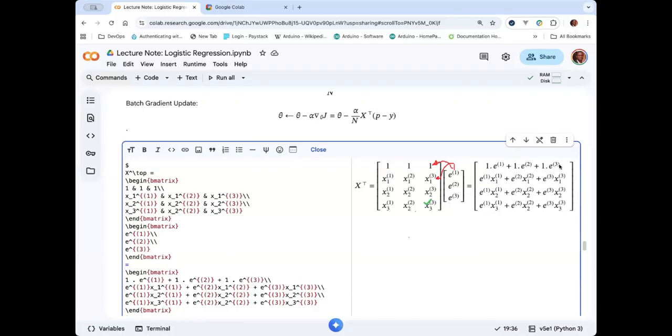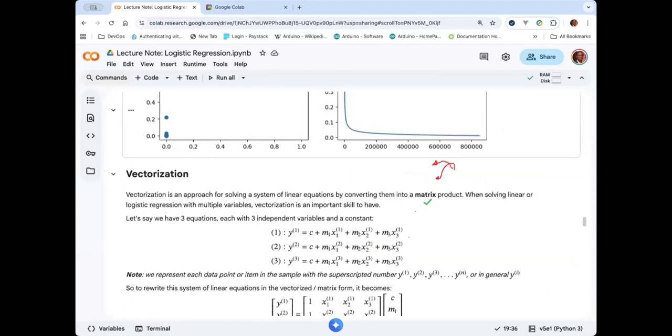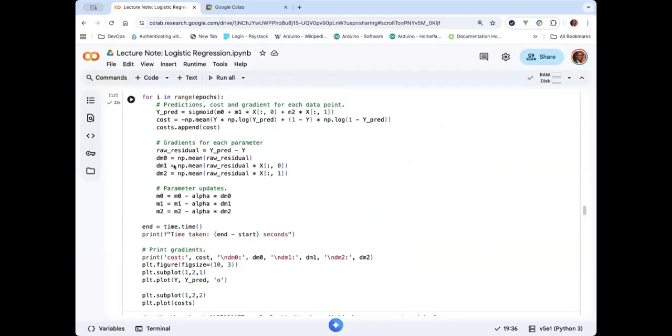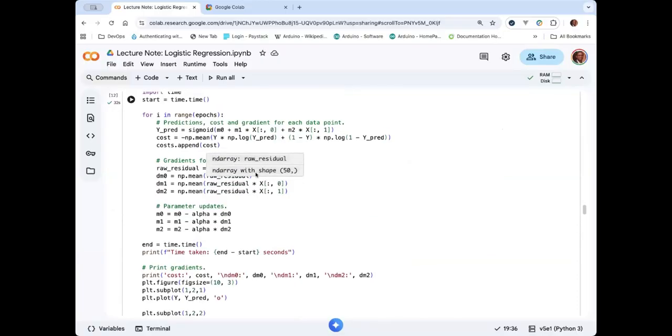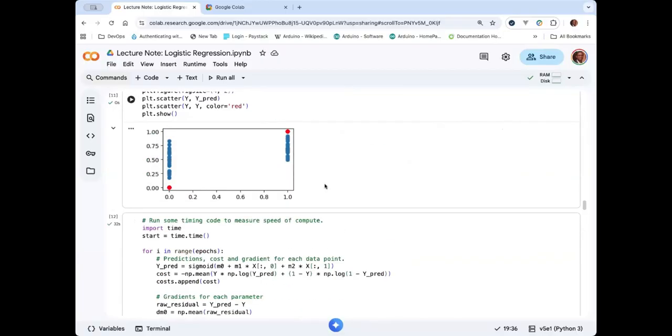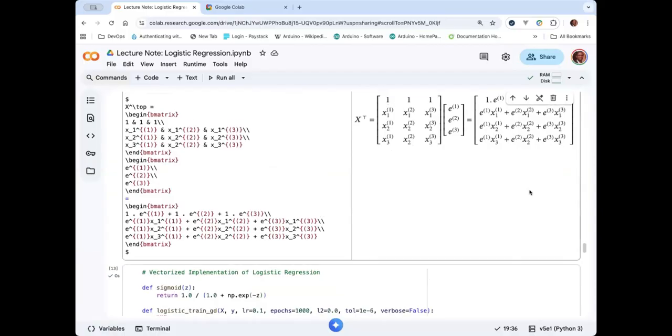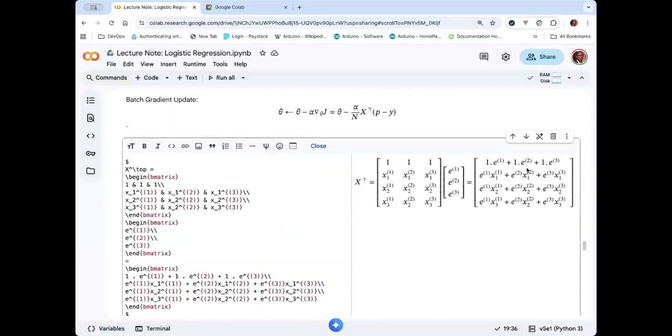So this corresponds to what we were calling DC, up here, or DMO, where we're using mean. So mean is the sum of the raw residual, that's the sum of each error for each data point.